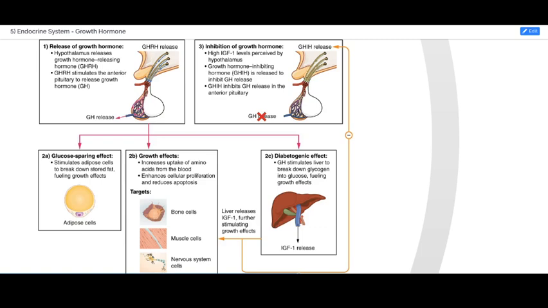That's a negative feedback cycle which will tell the hypothalamus to stop releasing GHRH, and in fact, on top of that, start releasing another hormone called growth hormone inhibiting hormone, which will have an effect directly on the anterior pituitary. IGF will also cause a negative feedback signal directly on the anterior pituitary to stop growth hormone release.